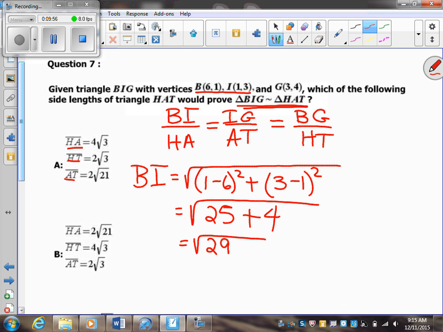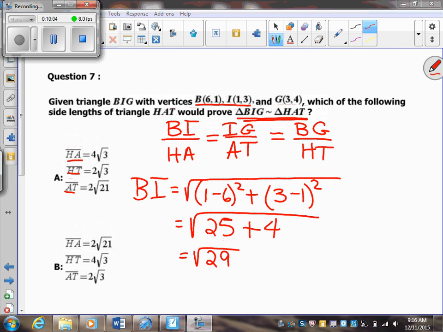Then I have to do the simplifying radicals. So in this case, square root of 29 cannot be simplified, right? So BI is going to be square root of 29. So I'm just going to leave it like that.